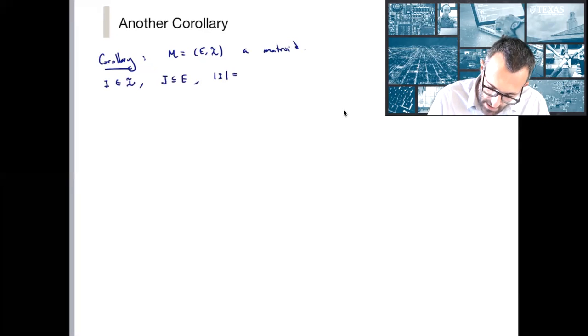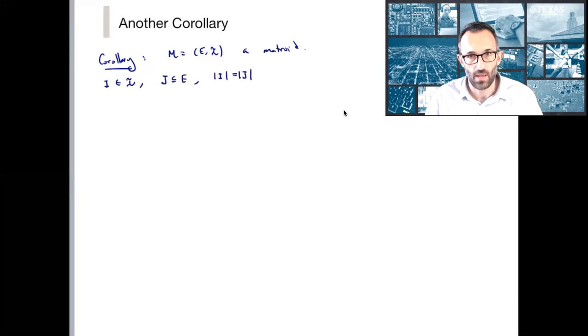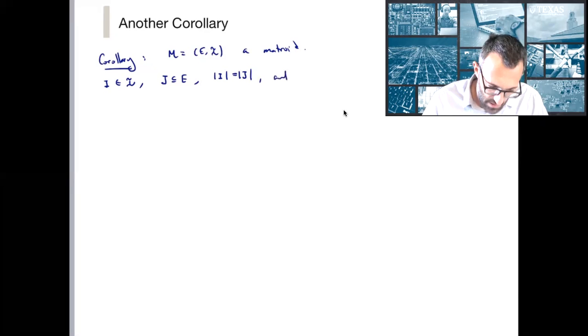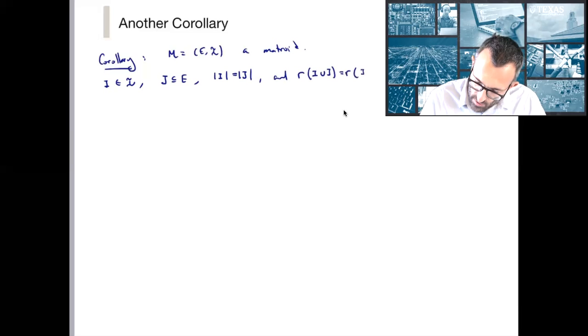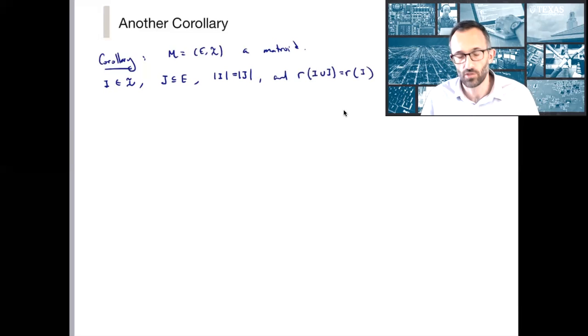And the size of I is equal to the size of J. And now I'm going to suppose that the rank of I union J is equal to the rank of I. So in other words, this is essentially saying that J is in the span of I.